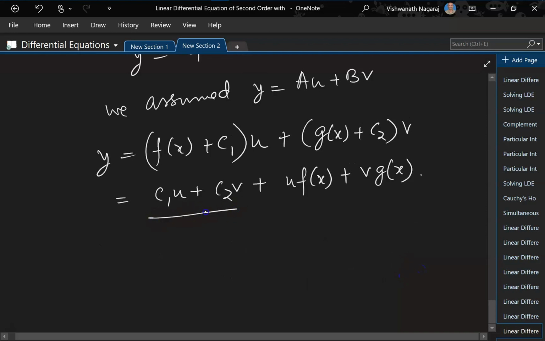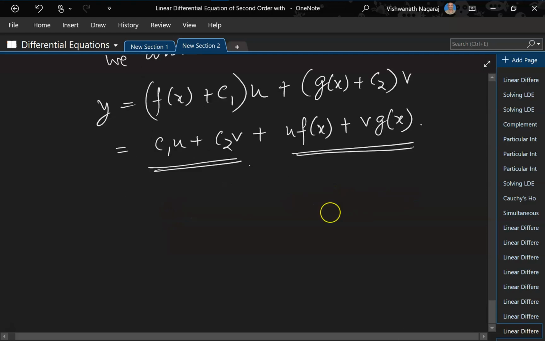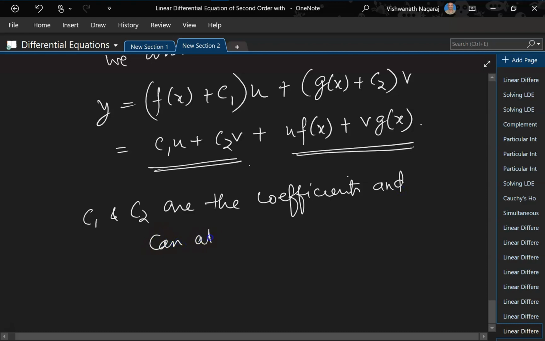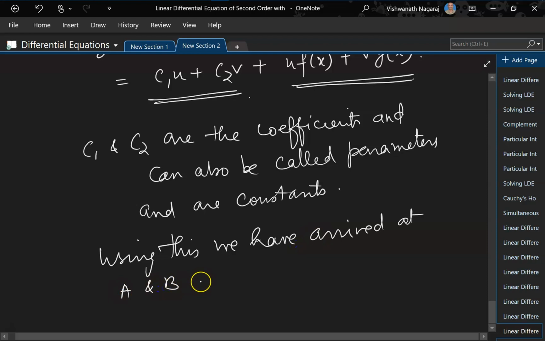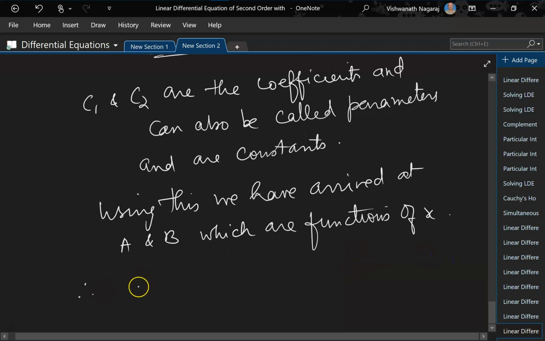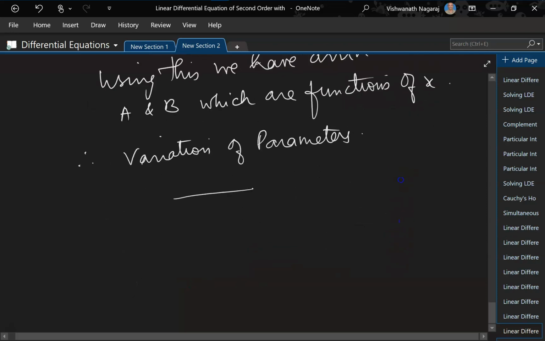So you get the complementary function plus the additional part of the solution. Now remember, c1 and c2 are the coefficients, also called parameters, and are constants. Using this, we have arrived at a and b, which are functions of x. Therefore, the name variation of parameters.